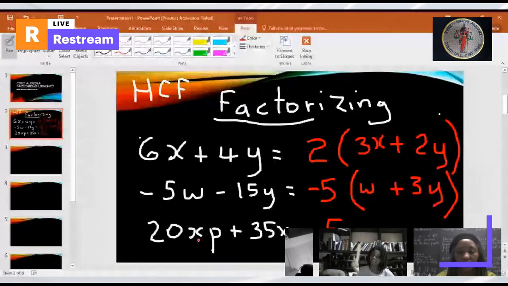So 5 into 20 goes 4 times, and the x cancels, so all we're left with is 4p for the first term, and then 5 into 35 goes 7 times, and the x cancels the x. So this is what we're left with for the second term.